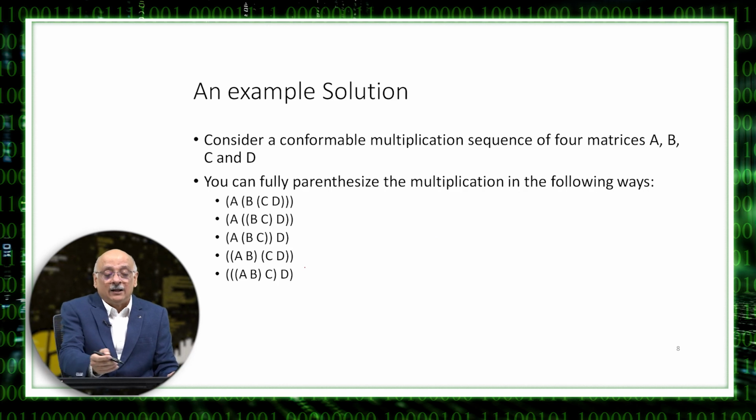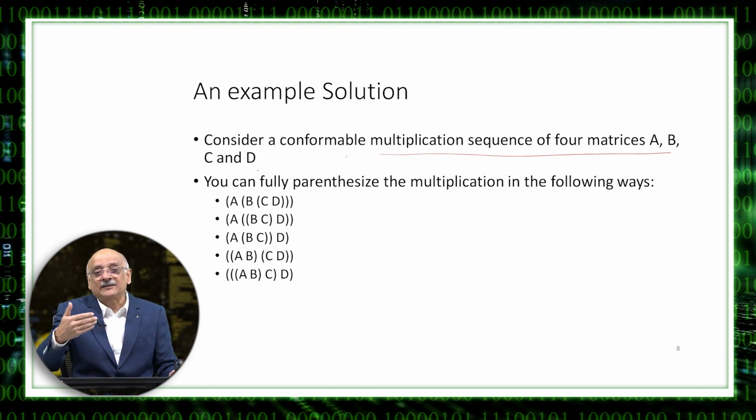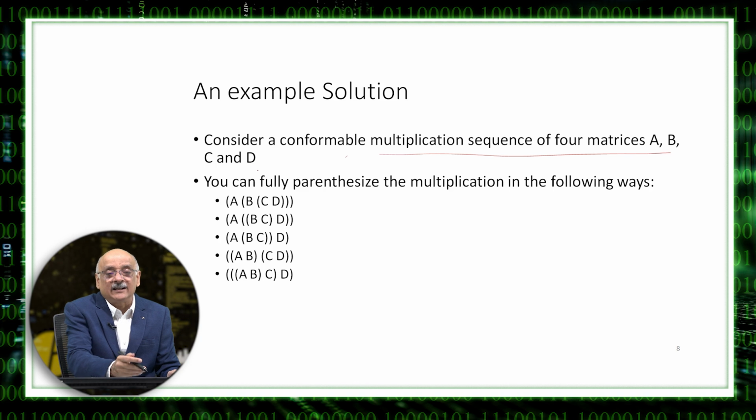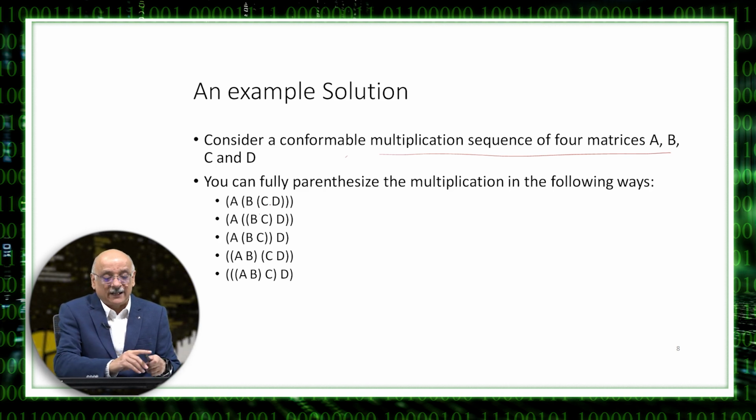For example, consider a conformable multiplication sequence of now 4 matrices. Okay. Now fully parenthesizing this means that we are basically deciding about the number of multiplications on that. Okay.